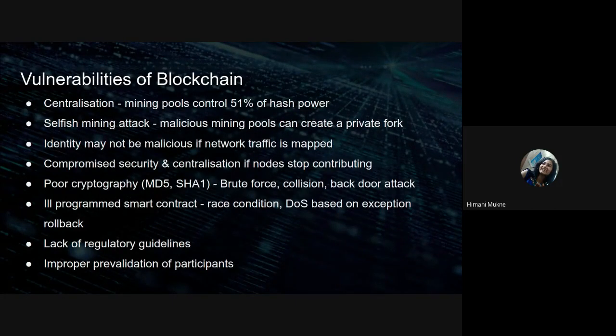The next issue that we have with blockchain is because it's an emerging tech, there are not enough regulatory guidelines present on how to check if data privacy is maintained, how to check if network conditions are proper. And we have other vulnerability issues, like there can be improper pre-validation of participants.